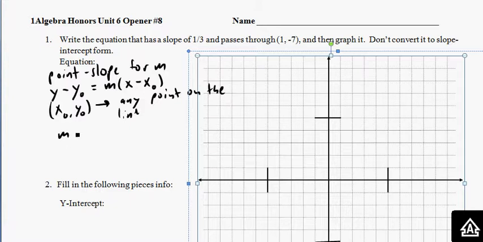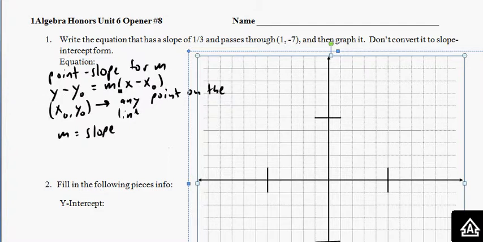And m, as in slope-intercept form, stands for the slope. So, in number 1, we were given the slope is 1/3, and it passes through the point (1, -7).